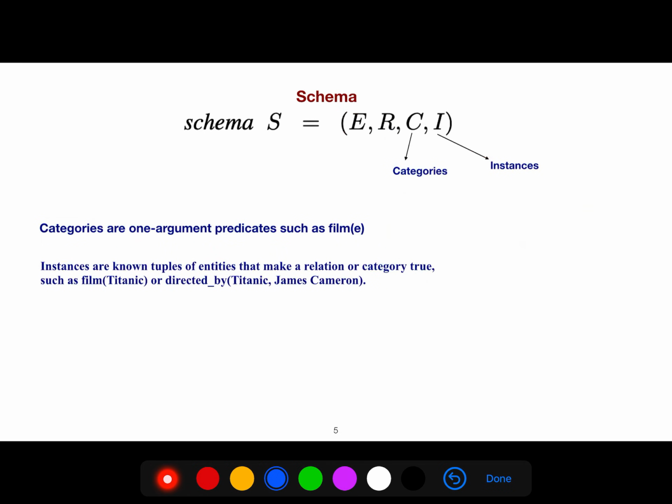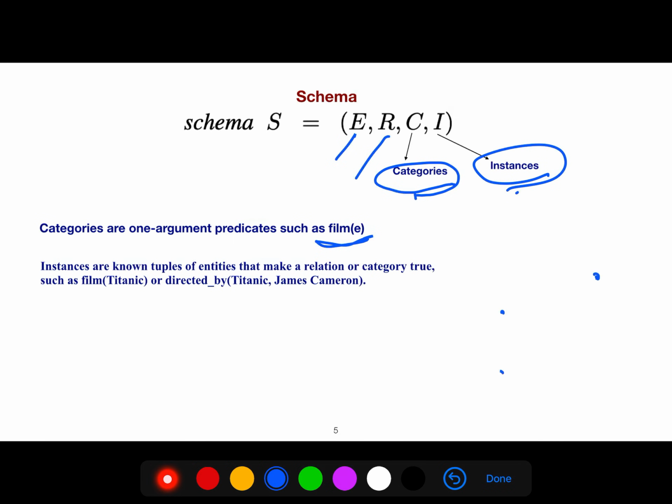So we have a schema, we have some entities, relations, and also some categories and instances. Categories are one-argument predicates such as film. You can think about it like types. I always think about it like types.